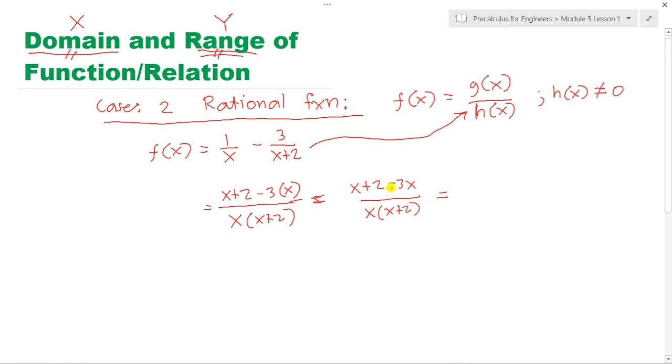Here, x minus 3x is negative 2x. So, that would be 2 minus 2x all over x times x plus 2. So, here, we can extract 2 here. So, that is 1 minus x all over x times x plus 2. Okay, nagets ra class? Okay, I hope nagets ninyo.